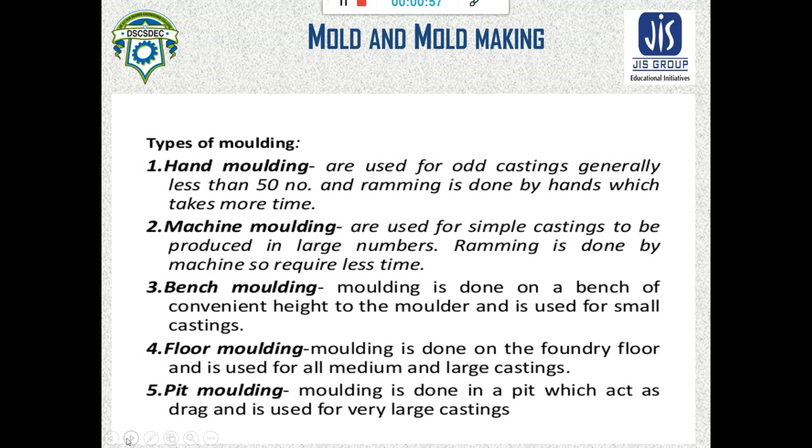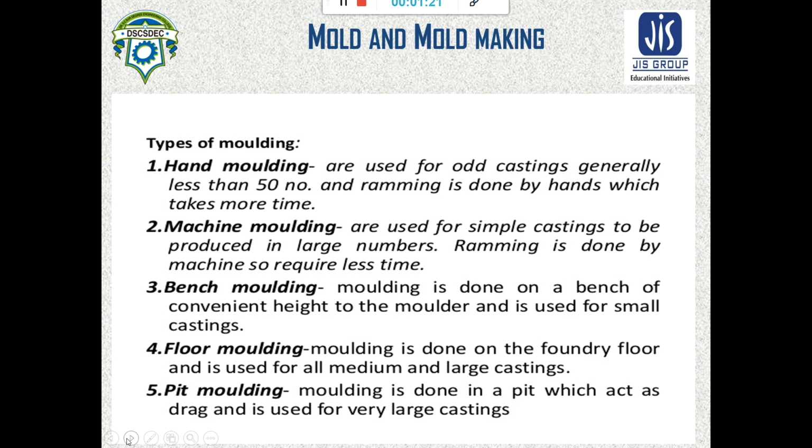There are various types of molding, but there are some specific molding types that are of our interest. First, hand molding. Hand molding is used for odd casting, generally fewer than 50 castings, and you have done hand molding in the MSMPL lab.